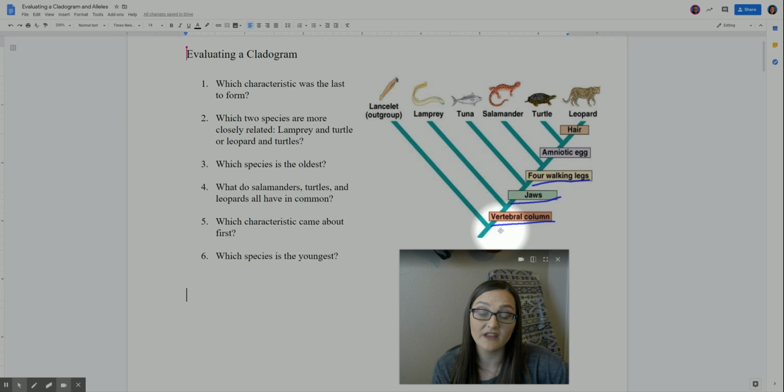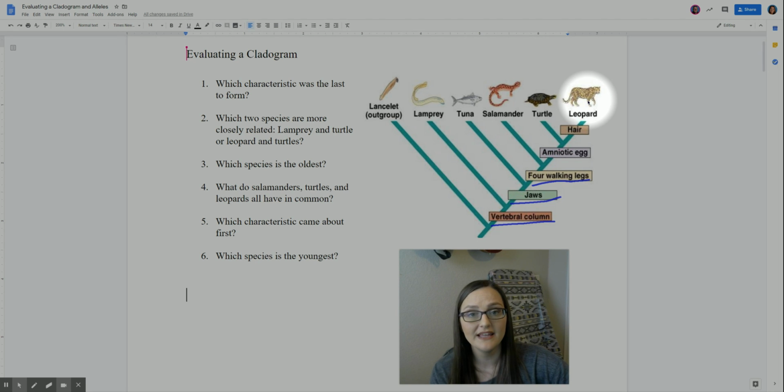So here we go in the opposite direction and we go up that cladogram until we find the very last organism, the most complex organism, and that would be the leopard. The leopard is the most complex and it takes a long time in evolution for all those traits to develop. So the leopard would be our youngest species on this cladogram.